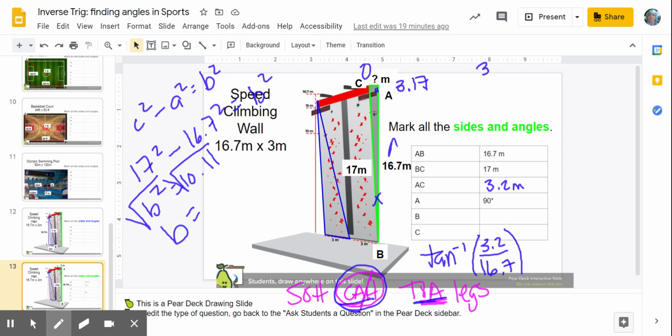Because that's O and A. And those are both degrees, right? Nice. Oh, it is 79.2.